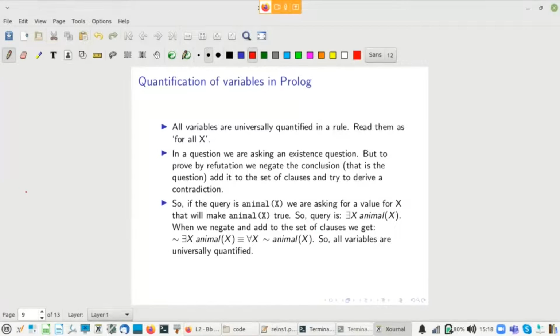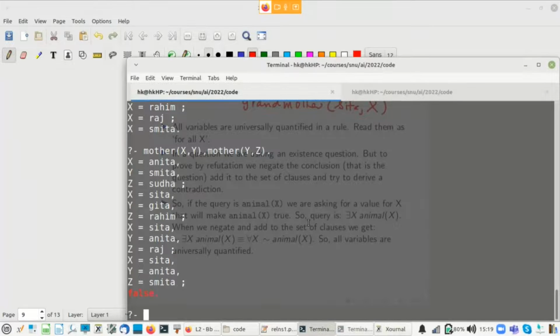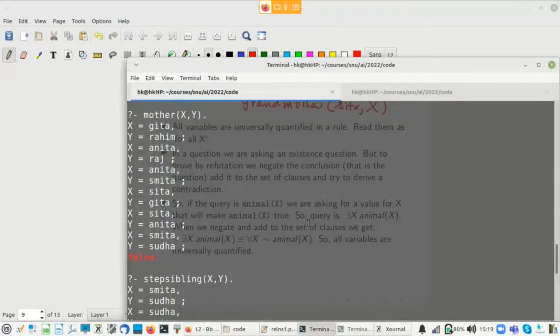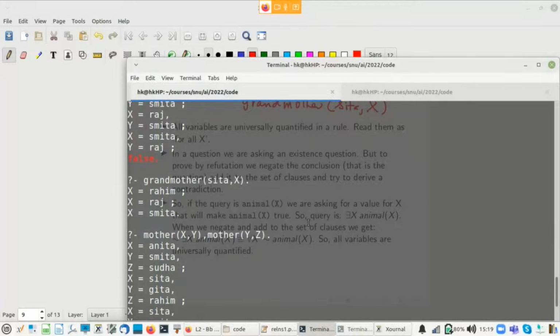So when I said something like, for example, let's say I said, grandmother Sita X, right? This was one of our queries here, remember. Did you see this? Yeah, here.